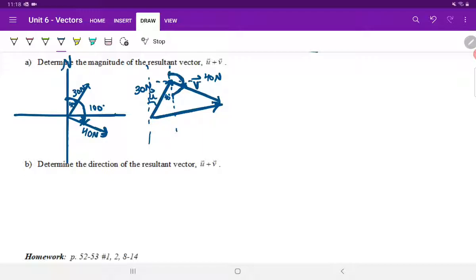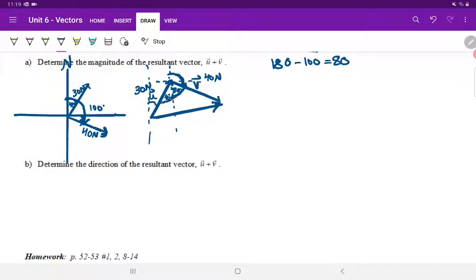It would be 180, right? A straight line. Okay? That means to figure out just this angle here, if I know that it's 100 to here and then 180 to that line there, I would simply do 180 minus 100, okay, which is 80. So this angle here is 80 degrees.